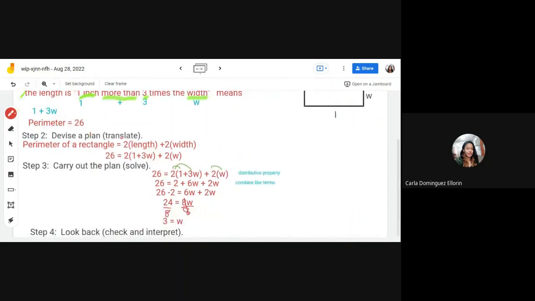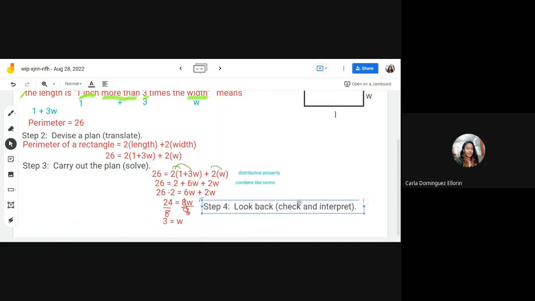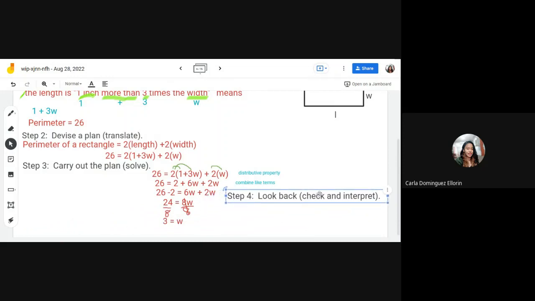Let's check if the value we got for the width is correct. W, we said, is the width. So our width is equal to 3 inches. Now let's check the value of the length, and whether the width of 3 is correct. Proceed to step 4, to back check and interpret.